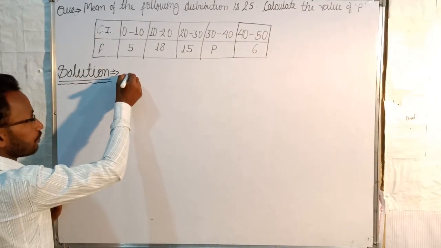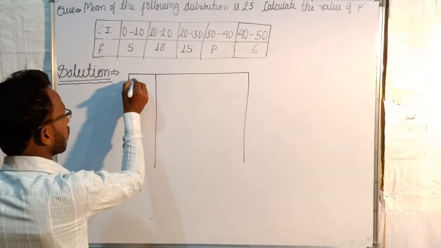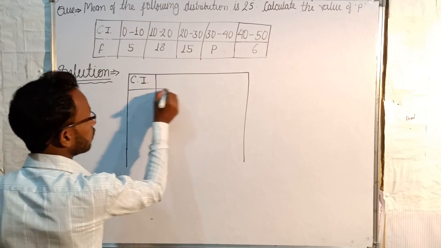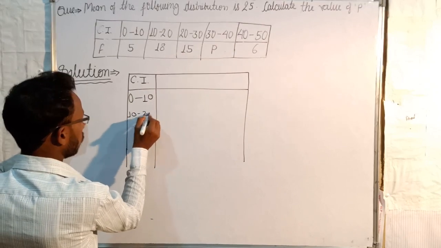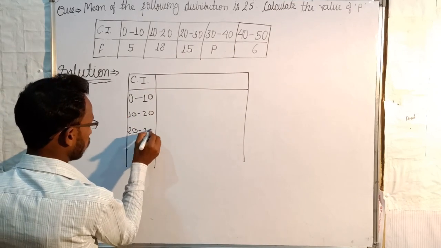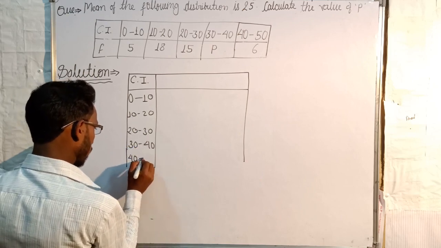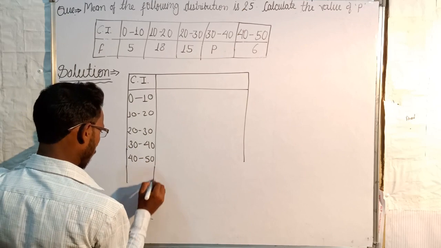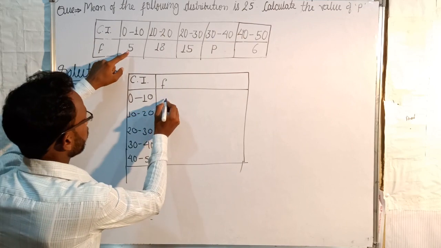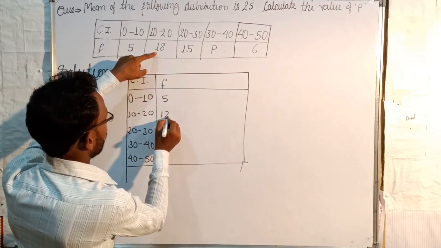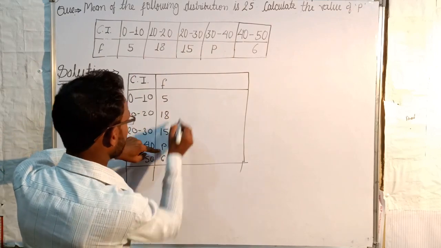See very carefully. At first we will prepare a chart. First, the column for class interval: 0 to 10, 10 to 20, 20 to 30, 30 to 40, 40 to 50, and our frequencies are given as 5, 18, 15, p and 6.